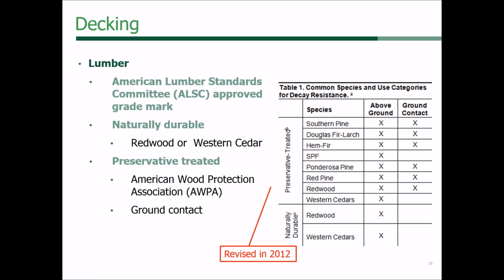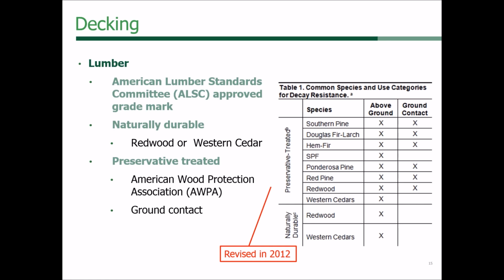So this is table 1, and it's talking about lumber and what's required of the lumber. And these are showing preservative treated species that are typically treated and what they're treated for, so above ground versus ground contact. Now, most of the time when you go into a big box store and you buy your posts or whatever it may be, the chances are it's going to be treated for ground contact.